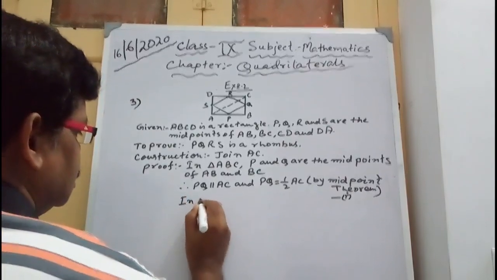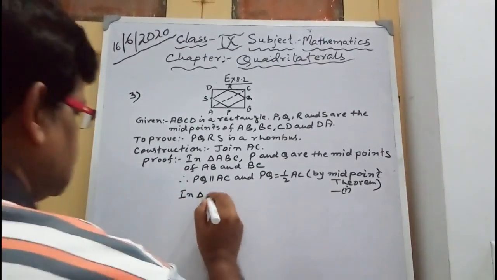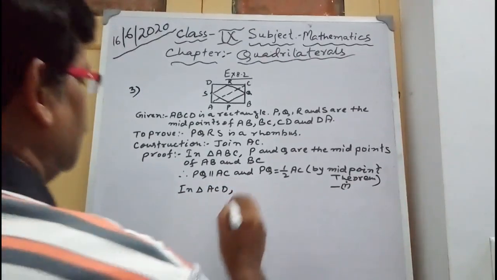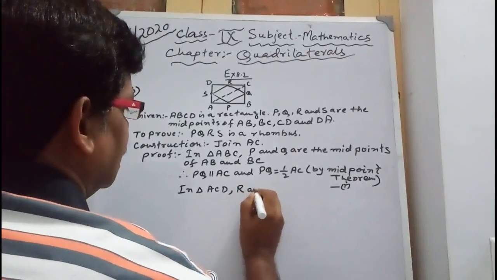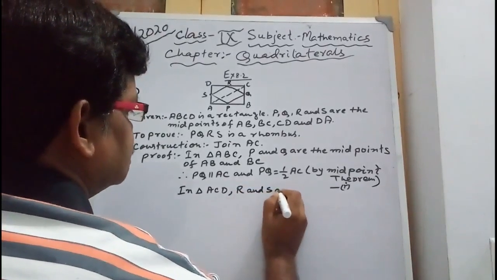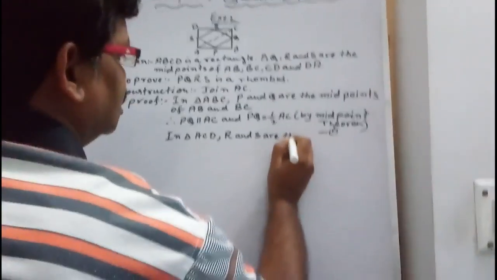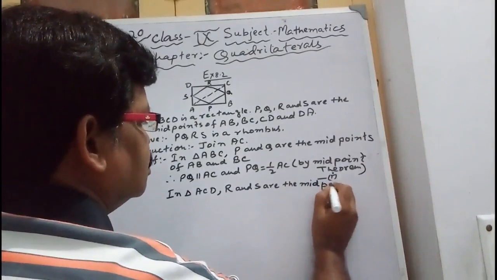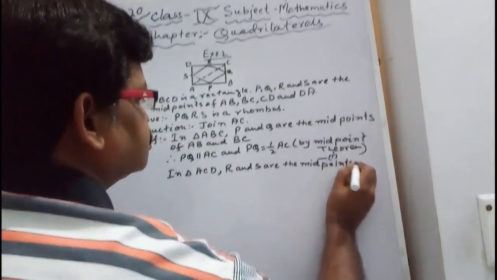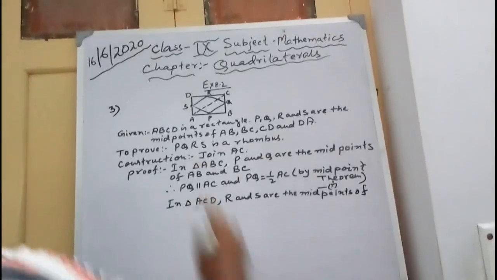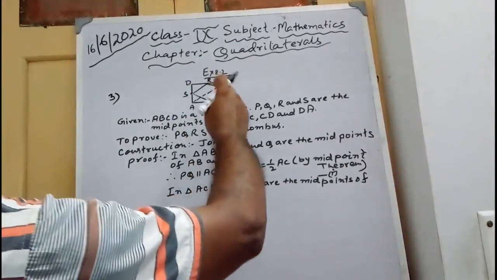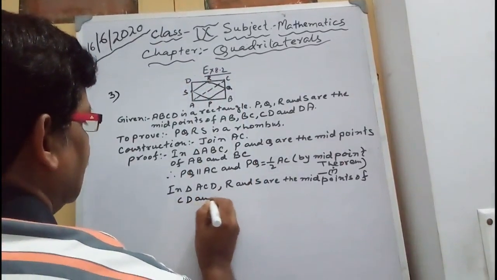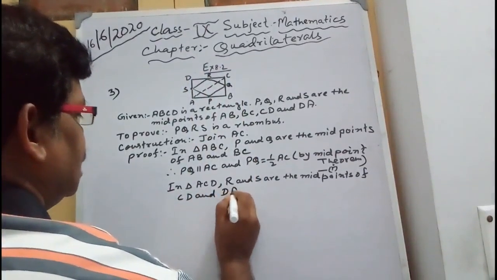In triangle ACD, R and S are the midpoints of CD and DA.